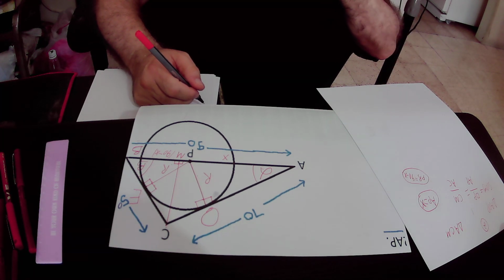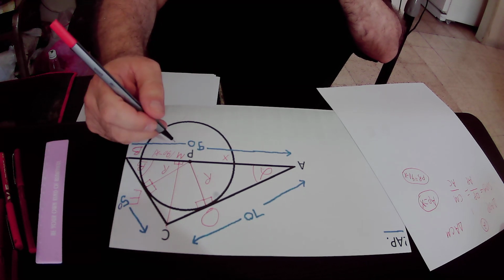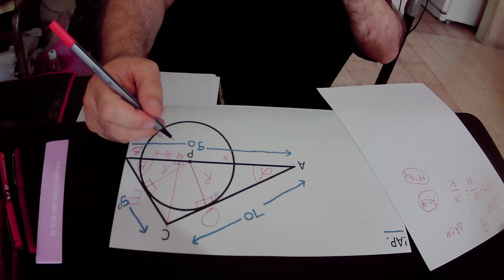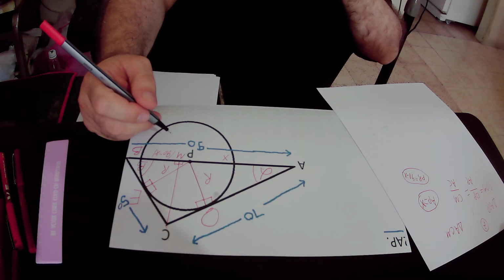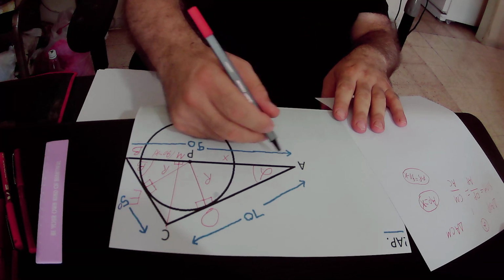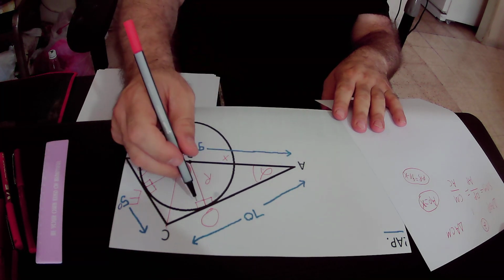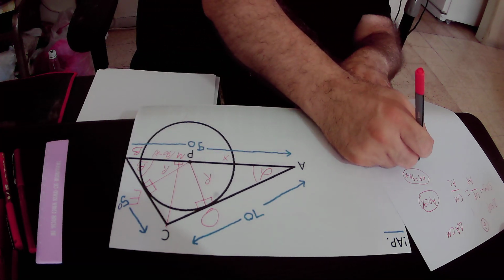But we know that AC is given to us. AC equals to 70 units.